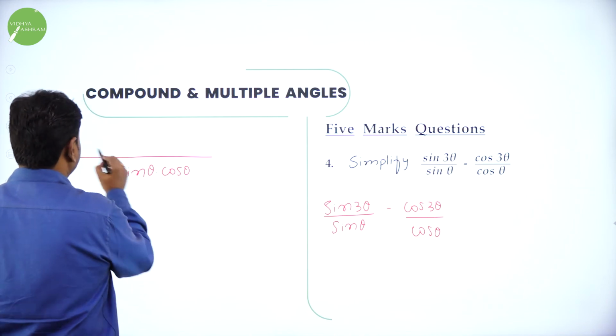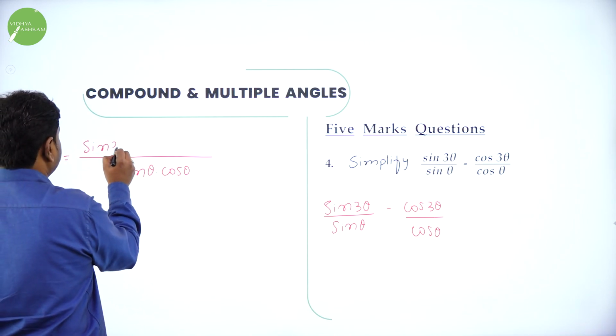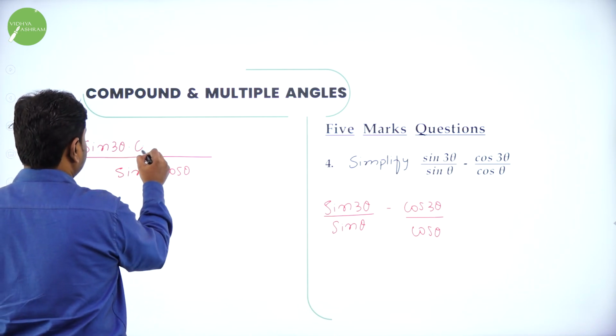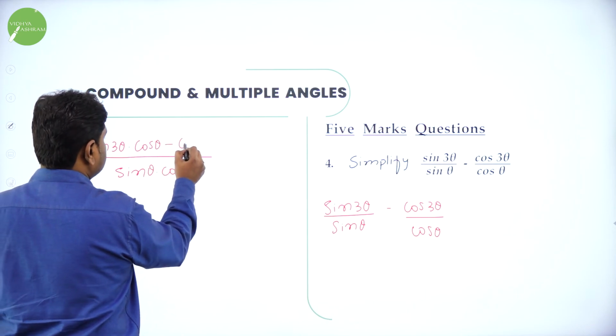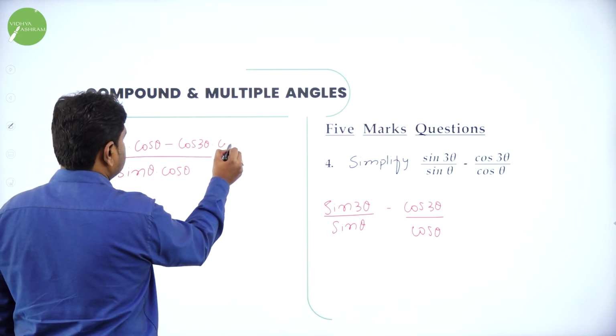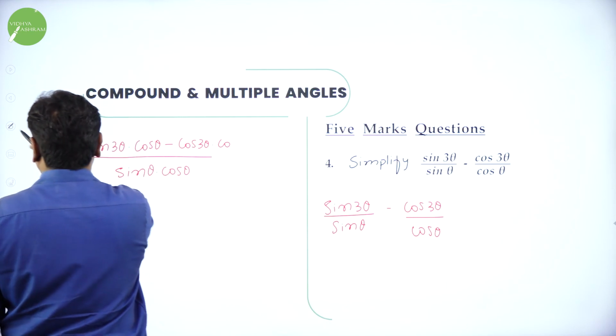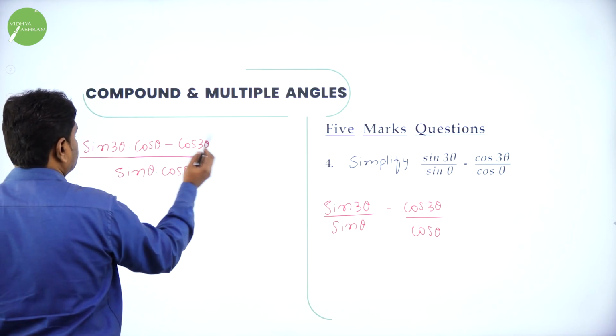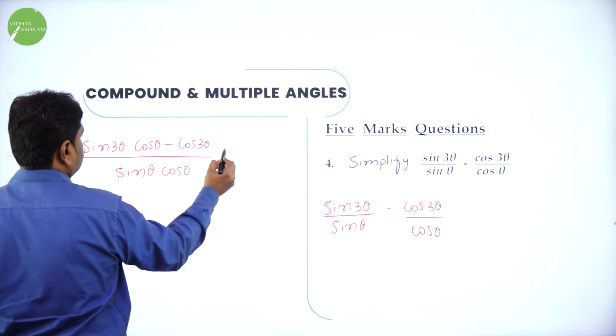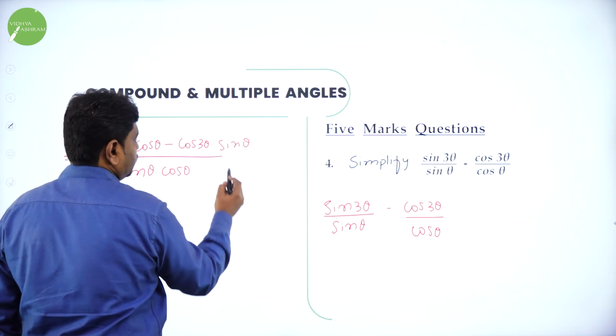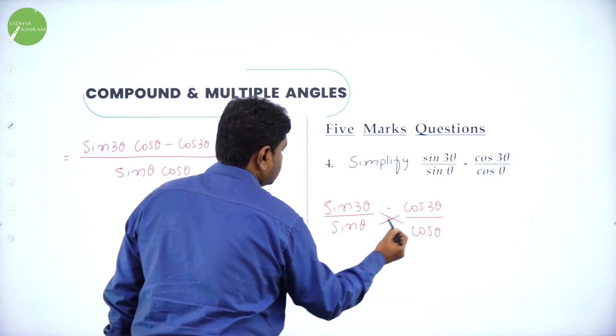In the numerator, if you cross multiply, you will get sin 3 theta into cos theta minus cos 3 theta into sin theta. We are taking the LCM, meaning cross multiply this into this and this into this.